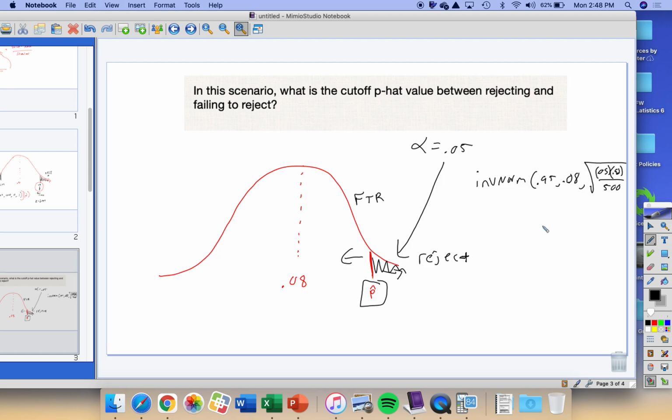This would give us this p-hat value, the cutoff value between rejecting and failing to reject. And this p-hat value in inverse norm is 0.099.